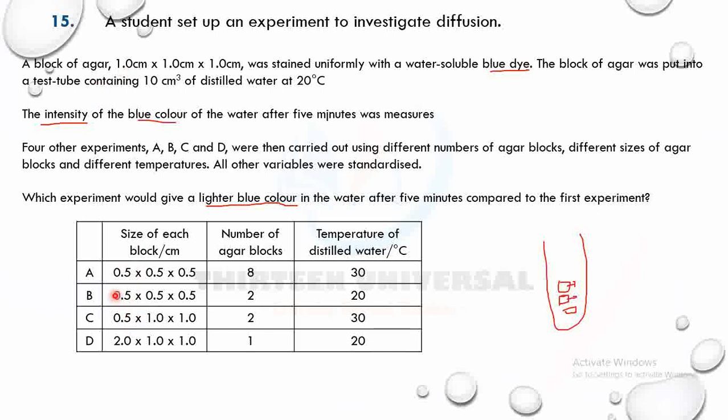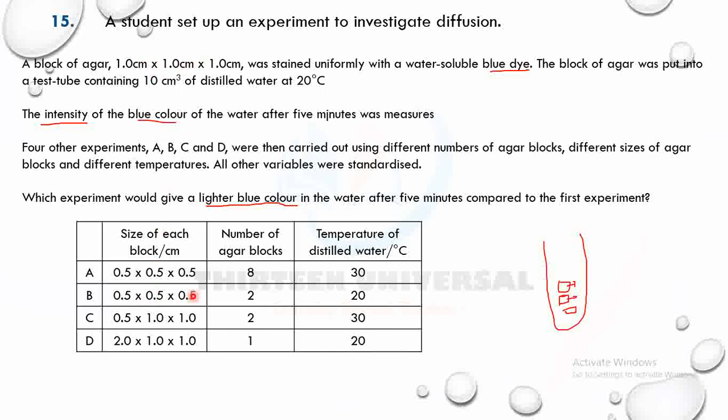But if we come to B and D, let's go to B first. B has a higher surface area to volume ratio compared to the original agar blocks.